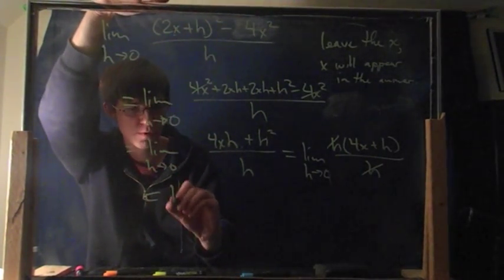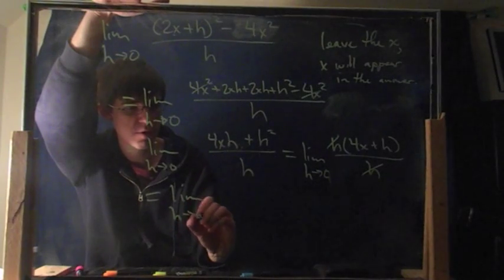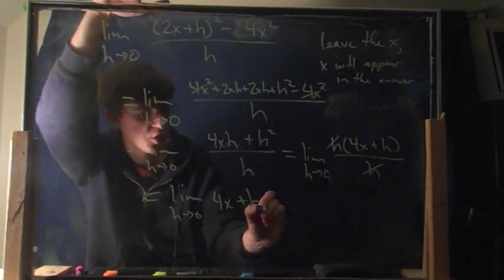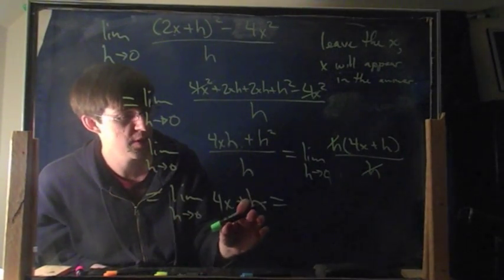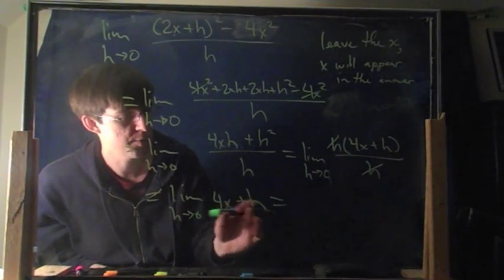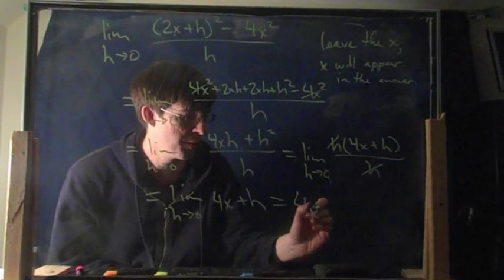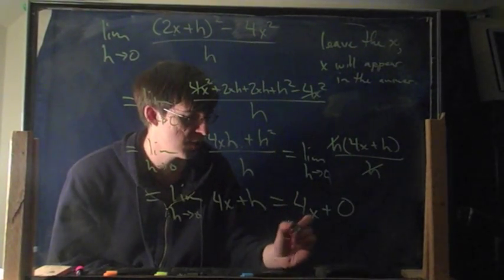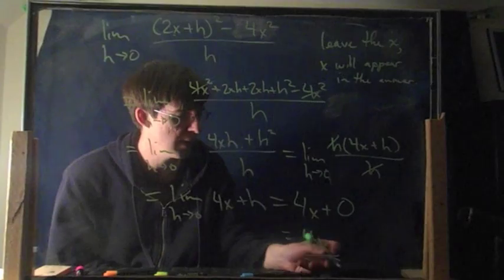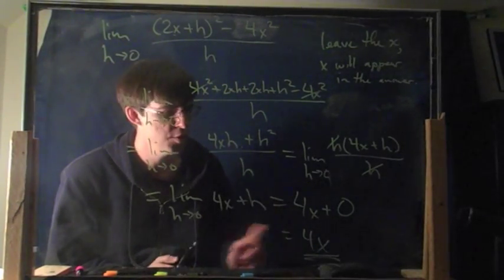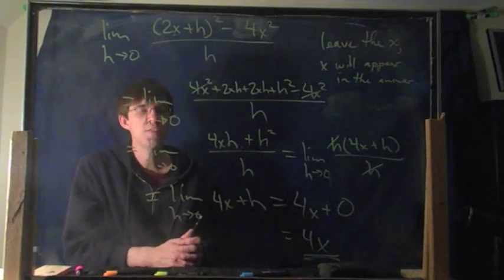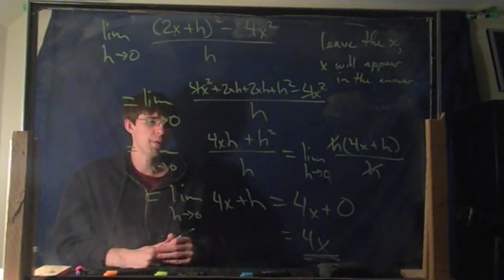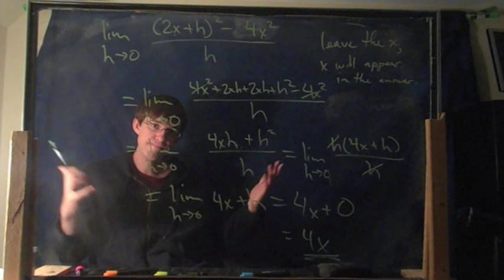So the limit as h goes to 0 of 4x plus h. Now, finally, we can take the limit by plugging in h equals 0, and nothing bad happens. You just get 4x plus 0, which is 4x, and that right there is the answer. Are you nervous that there's an x in the answer? Don't worry about it. Remember I said, you just leave the x in there and the x will appear in the answer. That's how we do it.